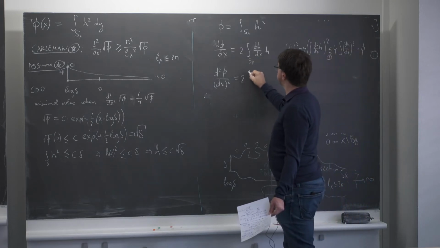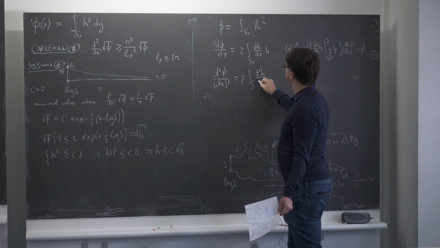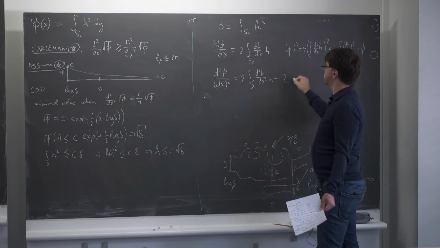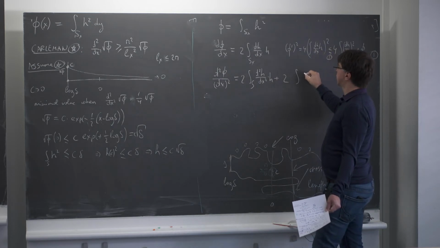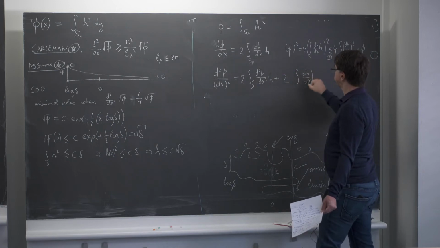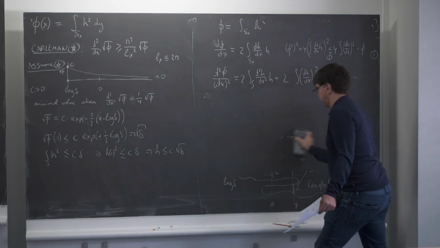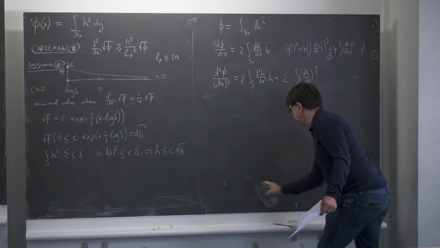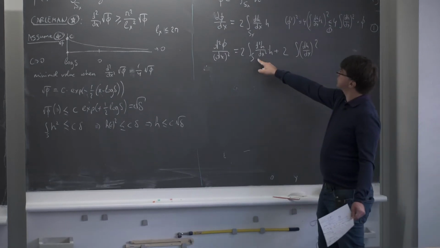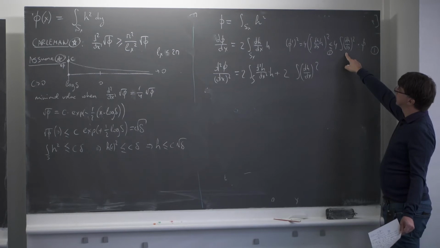So it's twice the integral of the second derivative of h times h, plus twice the integral of the derivative of h and again the derivative of h. Now I want to estimate both of them.